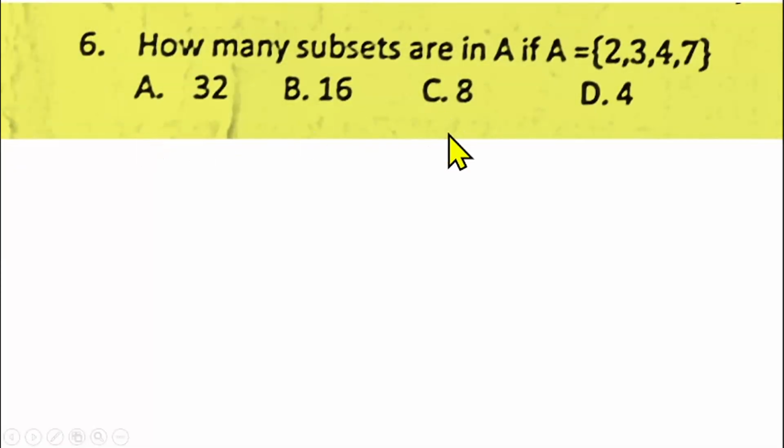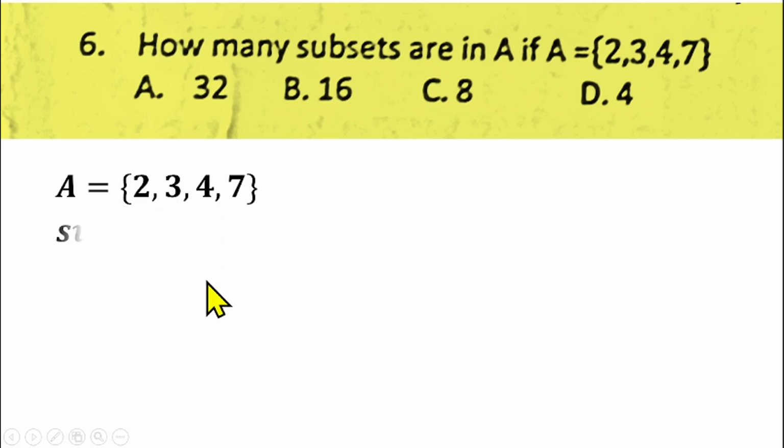Question number 6 is from set. How many subsets are in set A if set A has the elements 2, 3, 4, 7? So that means you are trying to look for the power set of set A, and that we can find using 2 raised to power n, where n is the number of elements in the set.